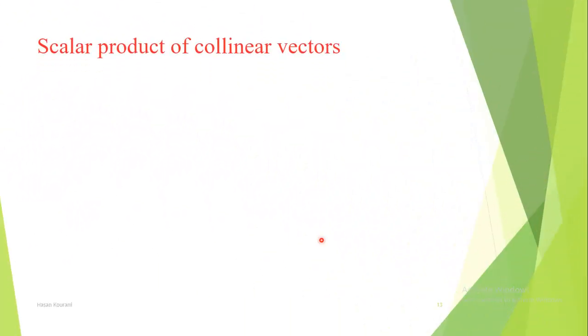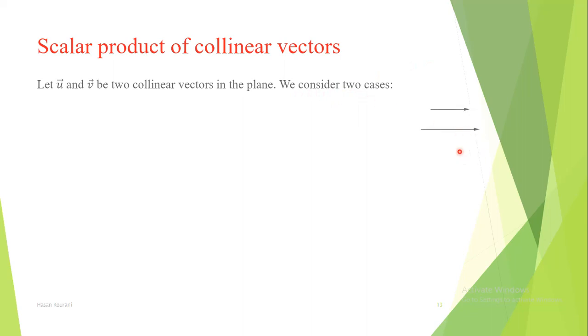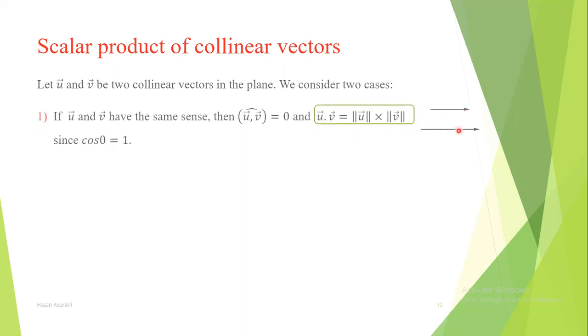Okay, the first point is about scalar product of collinear vectors. As you know, collinear vectors in a plane either have the same sense or opposite sense. So for that we consider two cases. The first case, as you see, we have two vectors drawn as an example in a way that they have the same sense. And as you know, what is the geometric angle between two vectors that have the same sense?